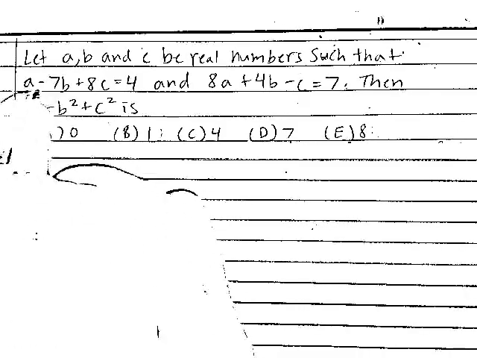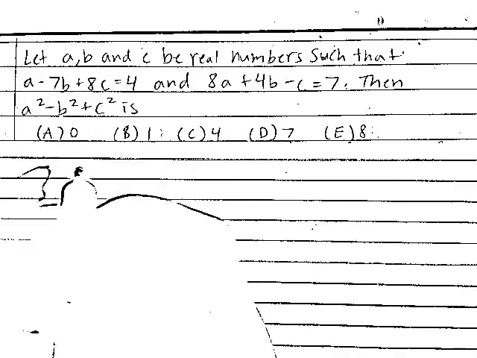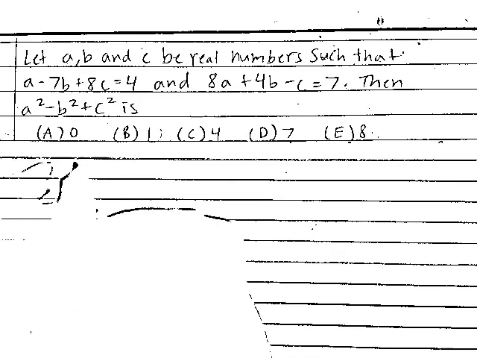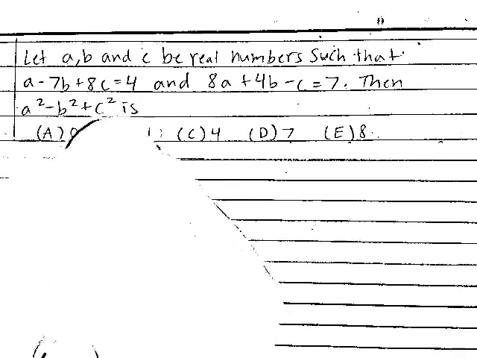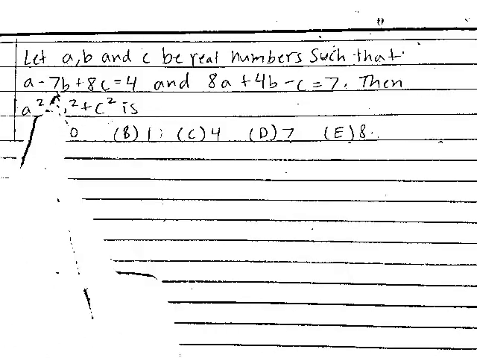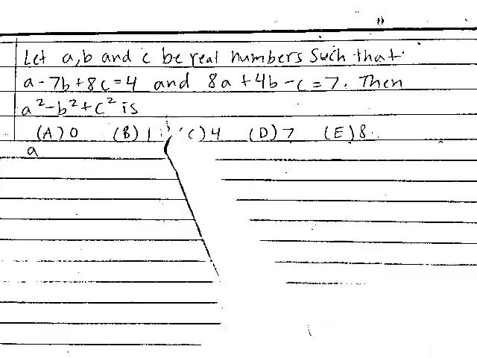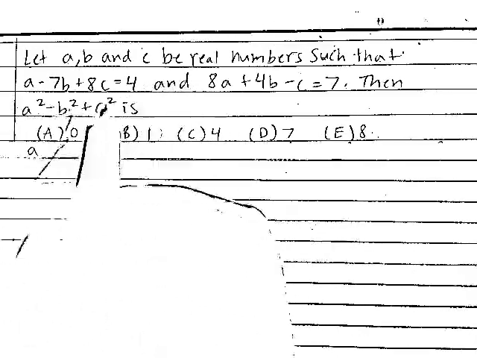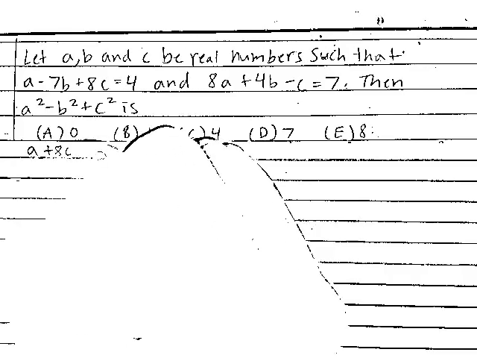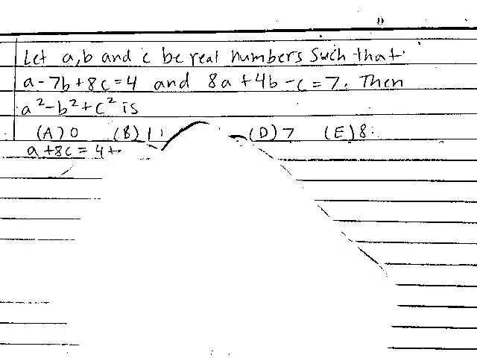So what I'm going to do is do this part first. I'm going to move the b part to the other side so that it's a binomial on each side. If I move negative 7b to the other side, it'd be a plus 8c equals 4 plus 7b.